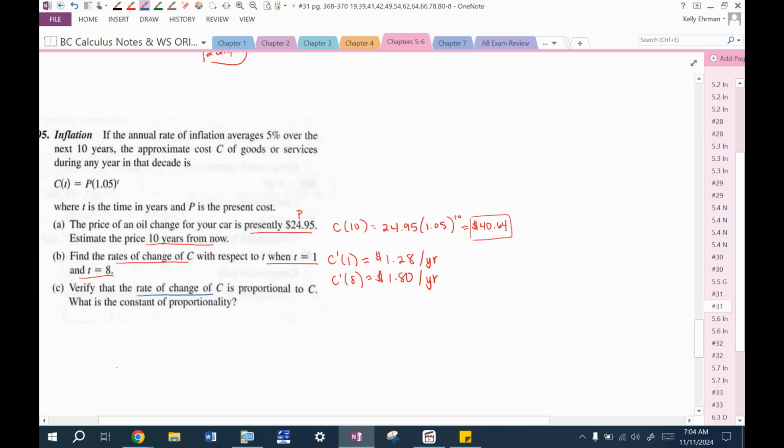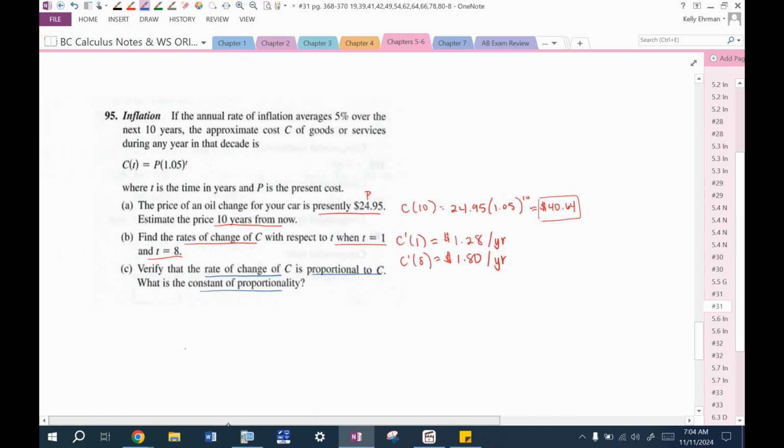Verify that the rate of change of C is proportional to C. What is the constant of proportionality? So what they mean by this is show that C prime of T is equal to some constant, we'll call it K, times C of T. All right, so let's go ahead and find C prime of T. So the derivative with respect to T of 24.95 times 1.05 to the T power, that derivative is equal to 24.95 times 1.05 to the T divided by natural log of 1.05.